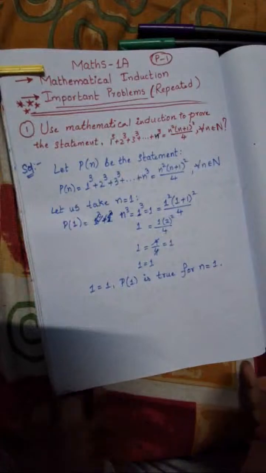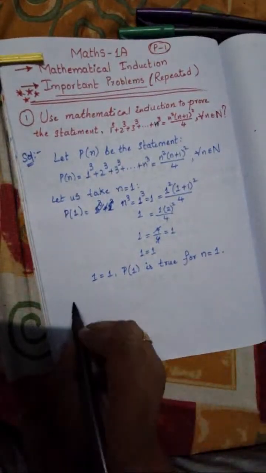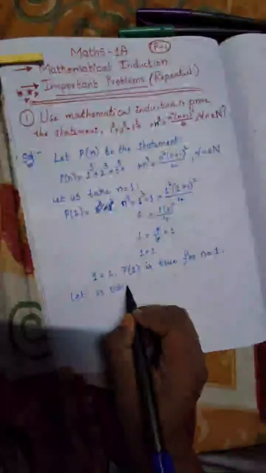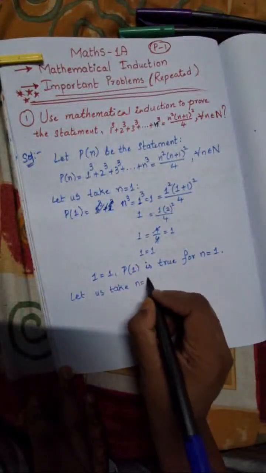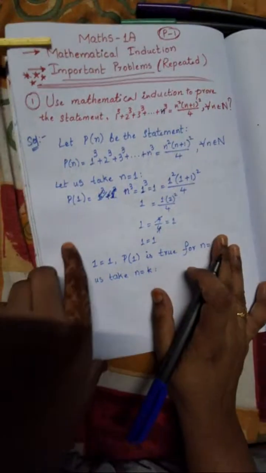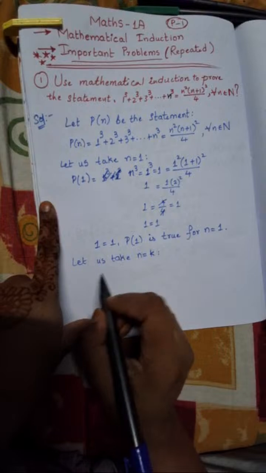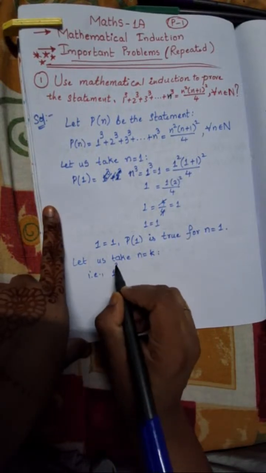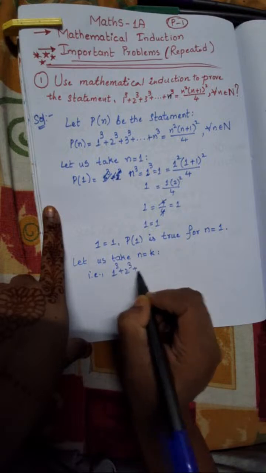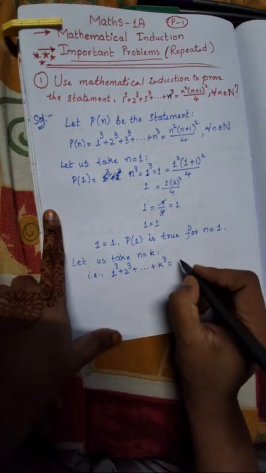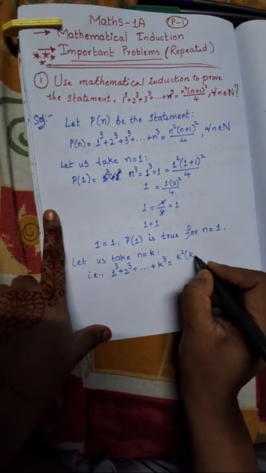Now let us take n equal to k. P of k, that is 1 cube plus 2 cube plus so on plus k cube, is equal to k square into (k plus 1) whole square by 4.